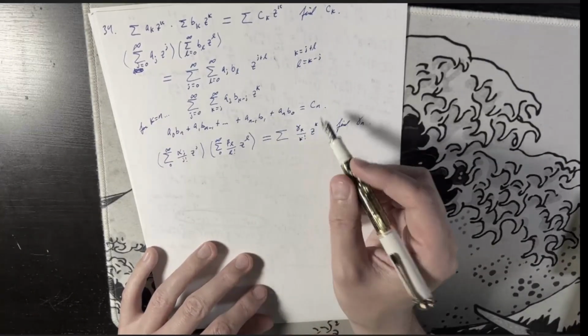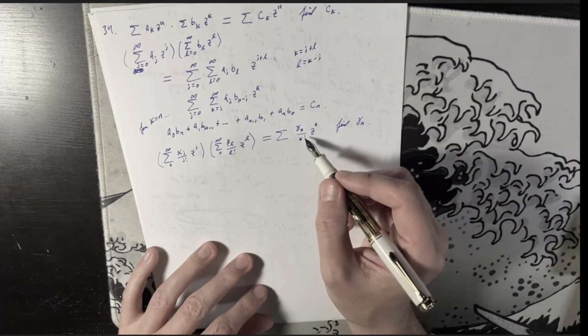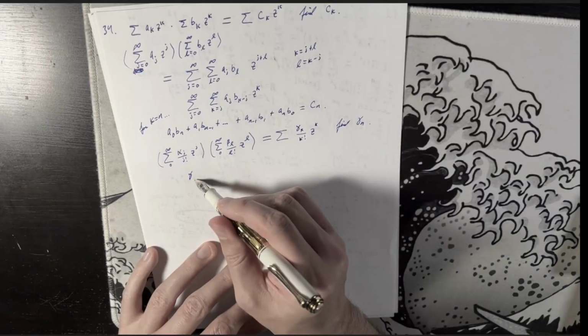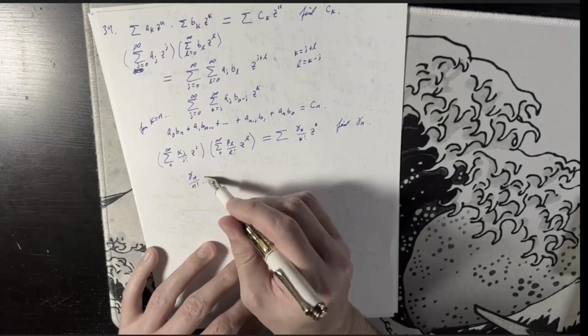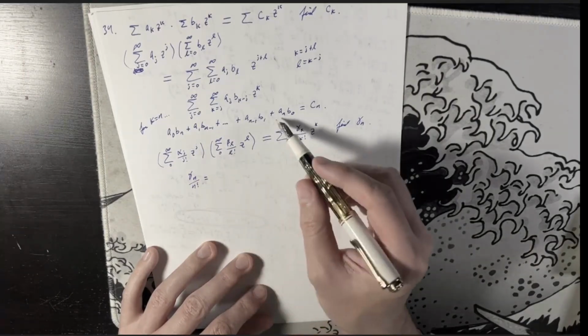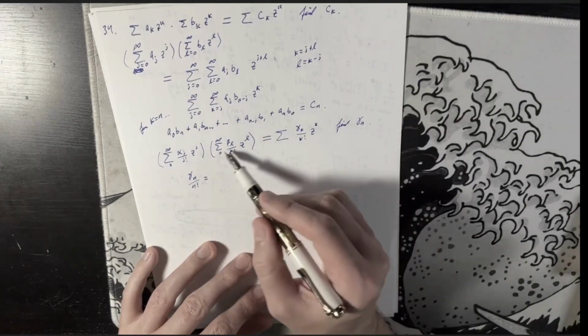You can actually do it exactly the same way. We're going to know that gamma_n over n factorial is just this formula, but with these guys.